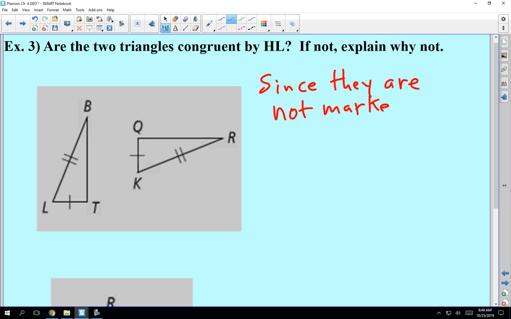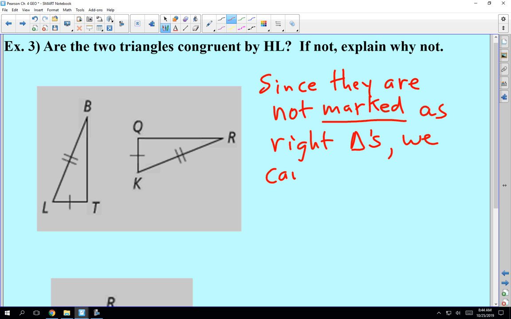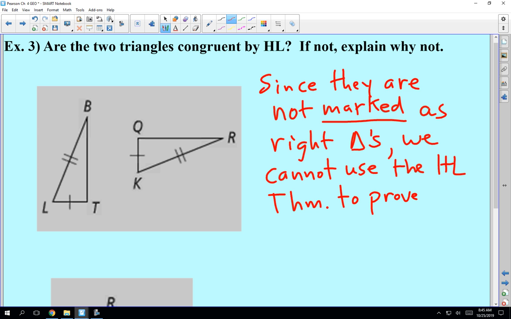as right triangles. They sure look like it, but we cannot use the HL theorem to prove they are congruent. So we just say not enough information.